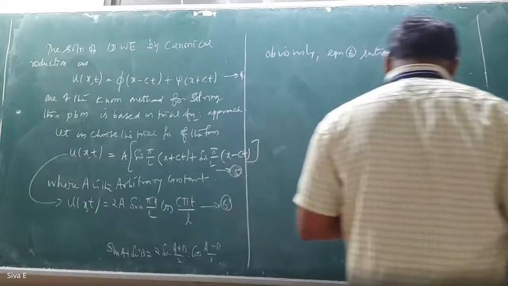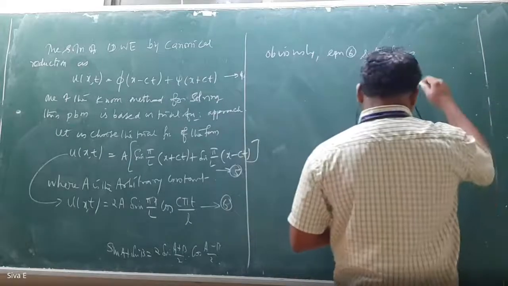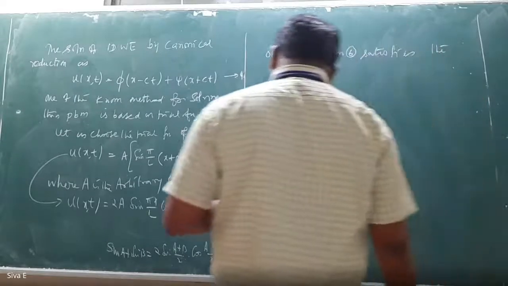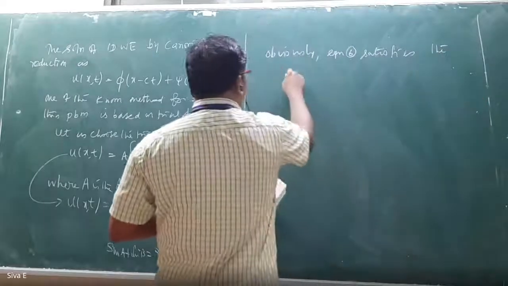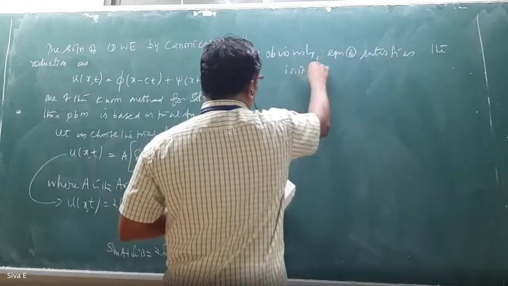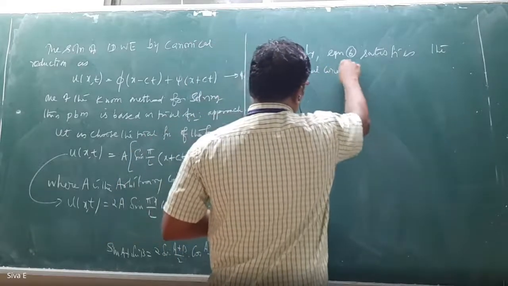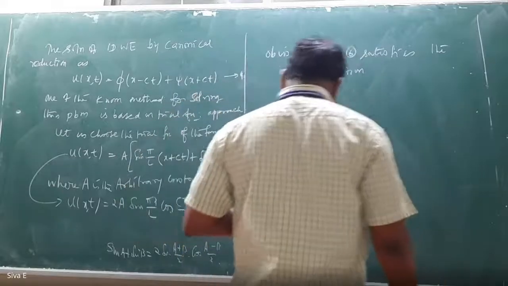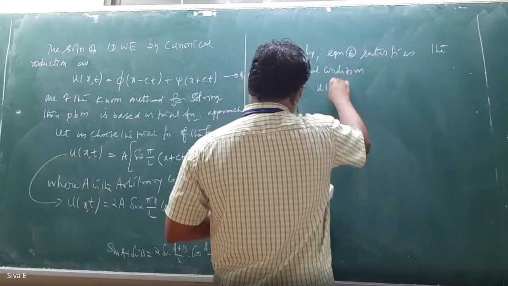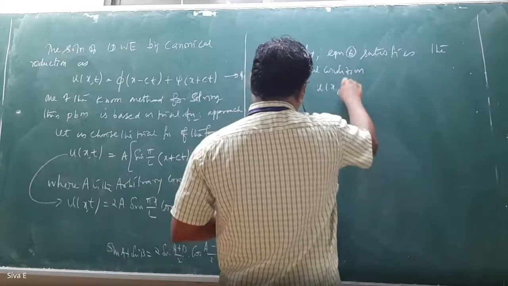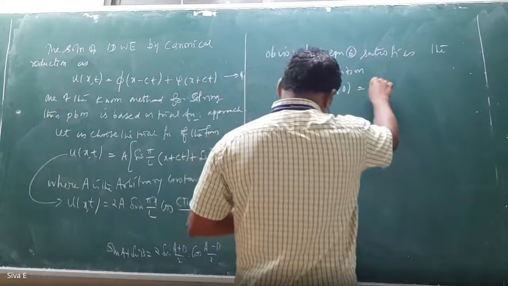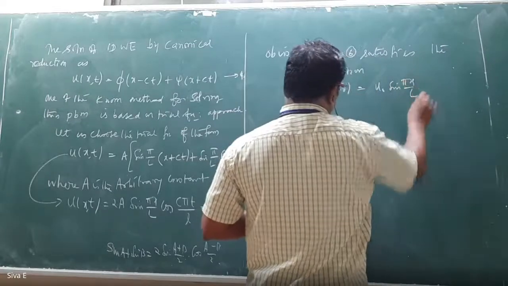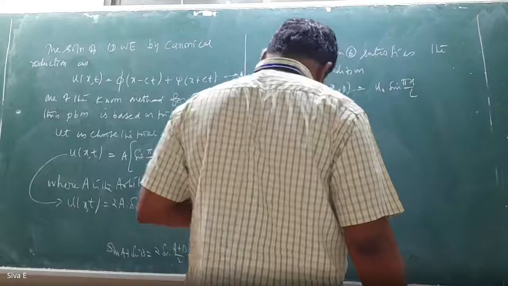satisfies the initial condition. What is the initial condition here? u of x comma 0 equal to u naught sin(πx/L).